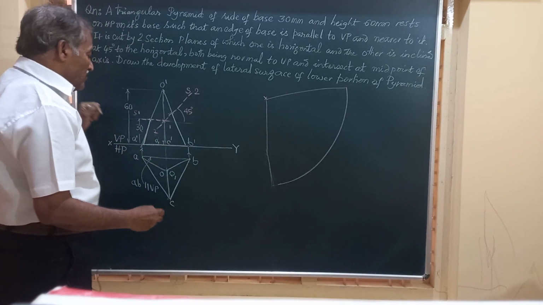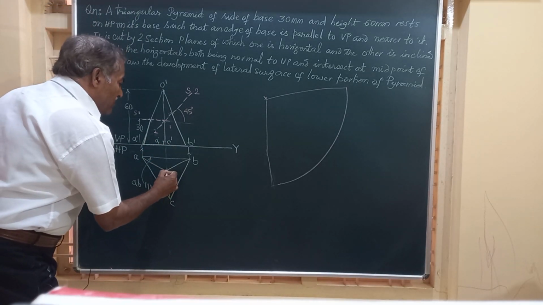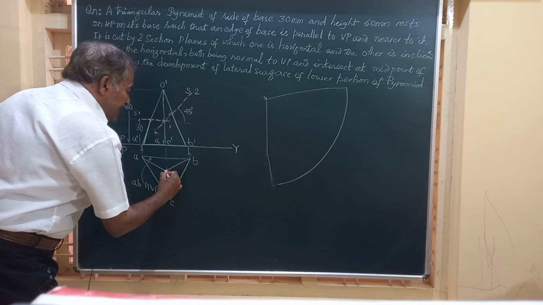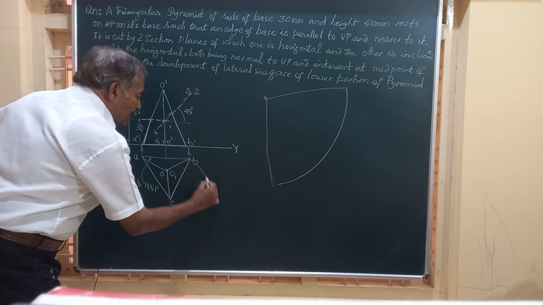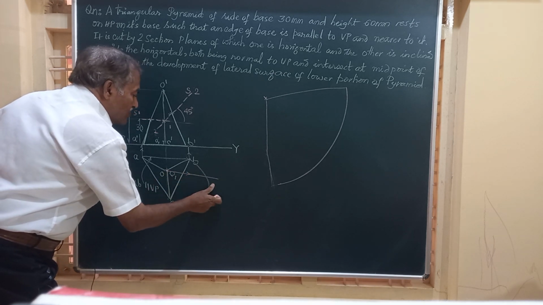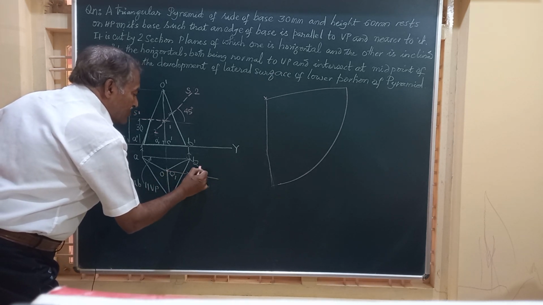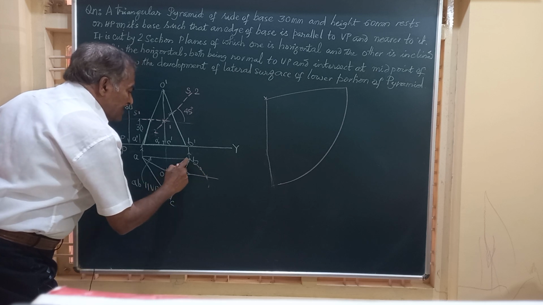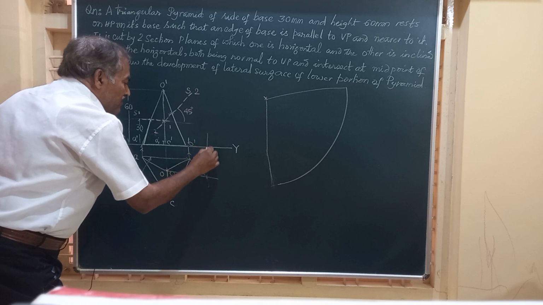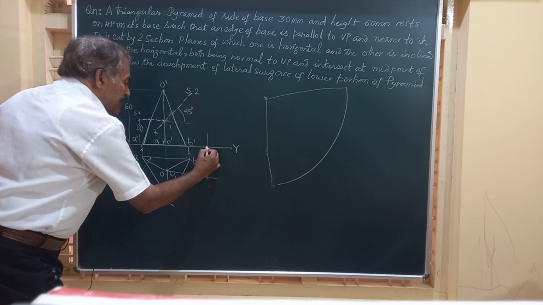So what we do, keeping center O and radius equal to OB, we draw an arc to cut the horizontal line drawn through this at this point. I am going to take this as center, this as radius, and draw an arc. From this point we will project upwards and get a point here.